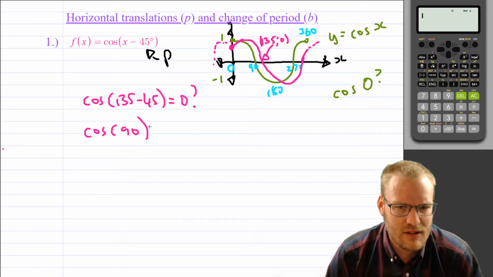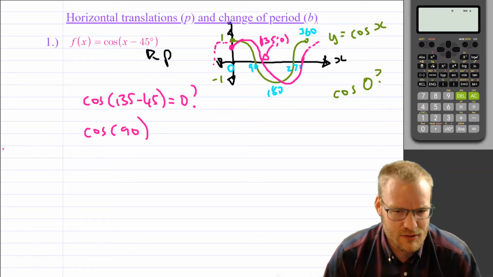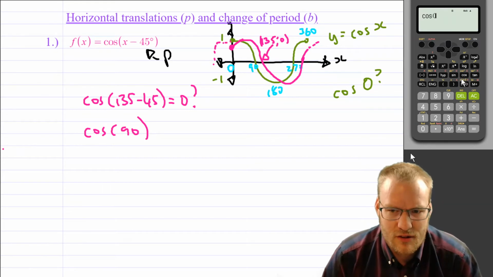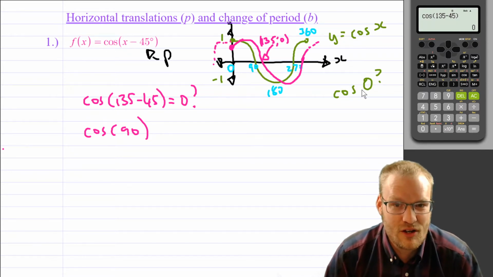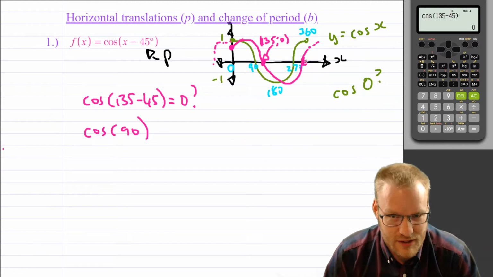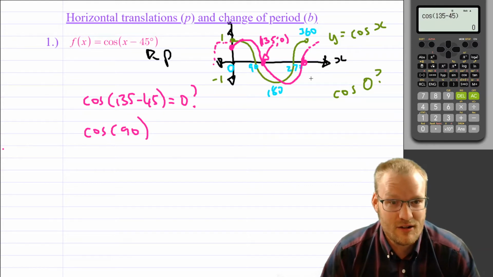Well, that's 90. We know that cos 90 was 0. But calculator to check, cos of (135 minus 45), close our bracket, equals 0. In other words, when we input 135, we should get an output of 0, this x-intercept. So it's matching up. Everything's just moved right by 45.